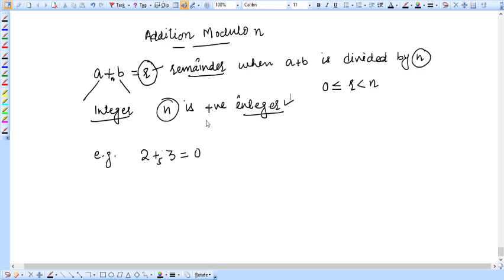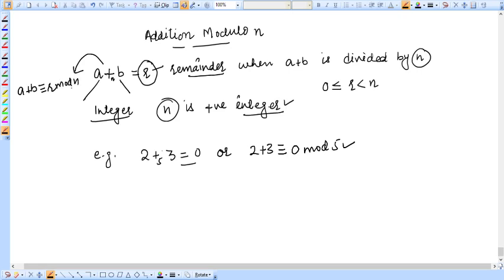Okay. This can be also written as 2 plus 3 is congruent to 0 modulo 5. This thing, that is a addition modulo n equal to r, can be written as a plus b is congruent to r modulo n.